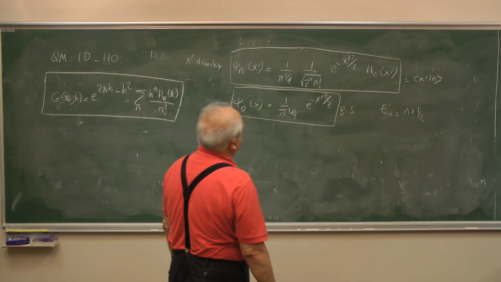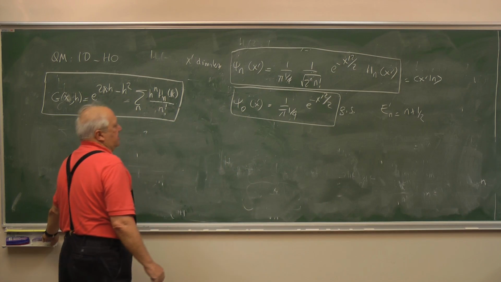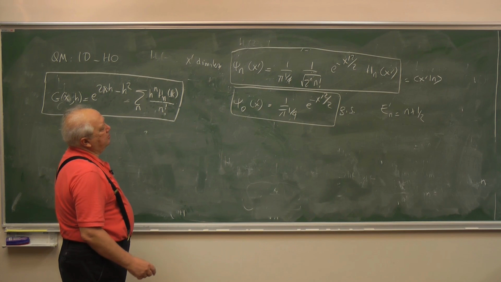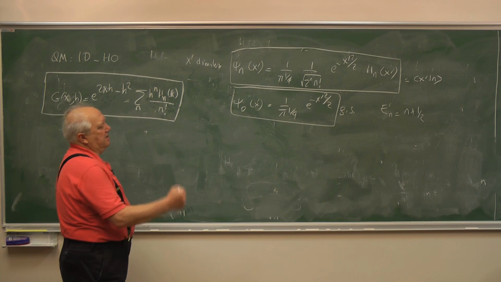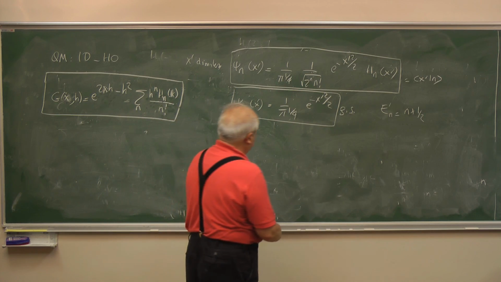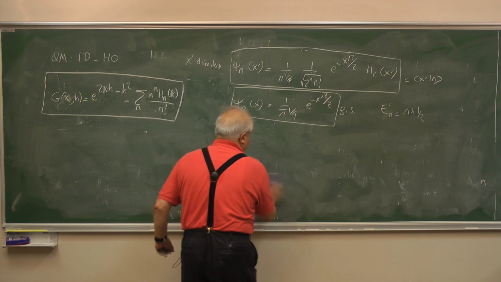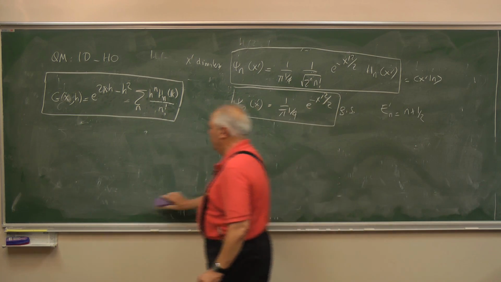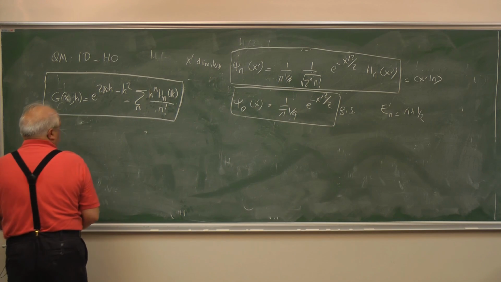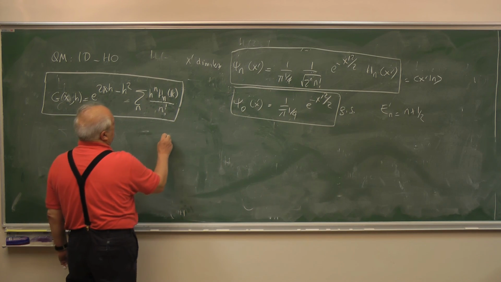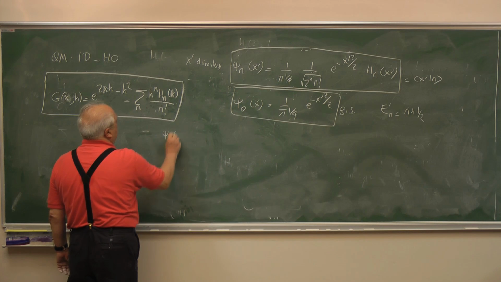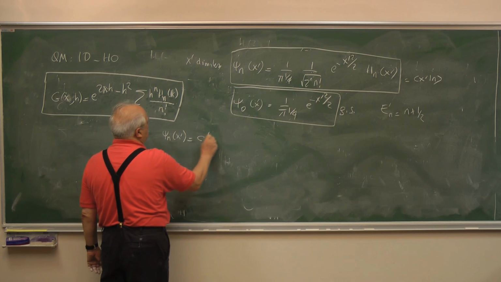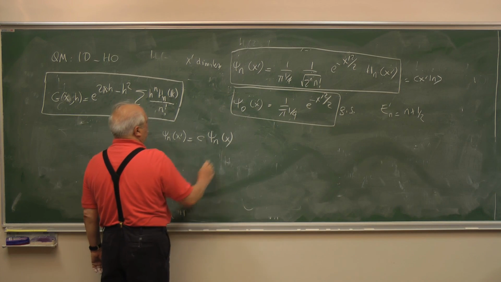Now, we are basically finished. But let me just do that also: what if you want to write it in terms of x, the real position? So psi n of x prime will be some constant times psi n of x.